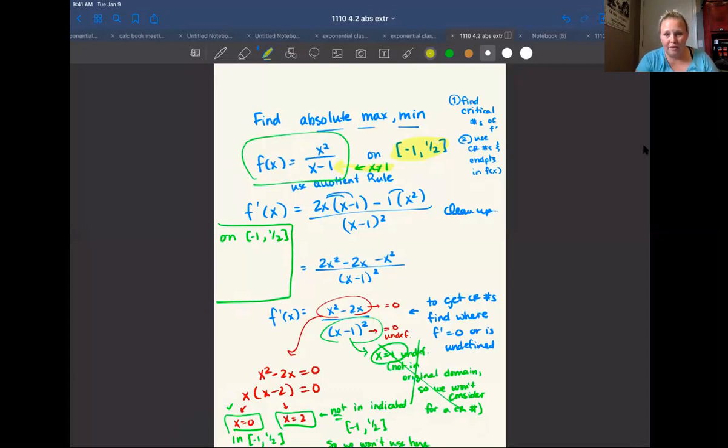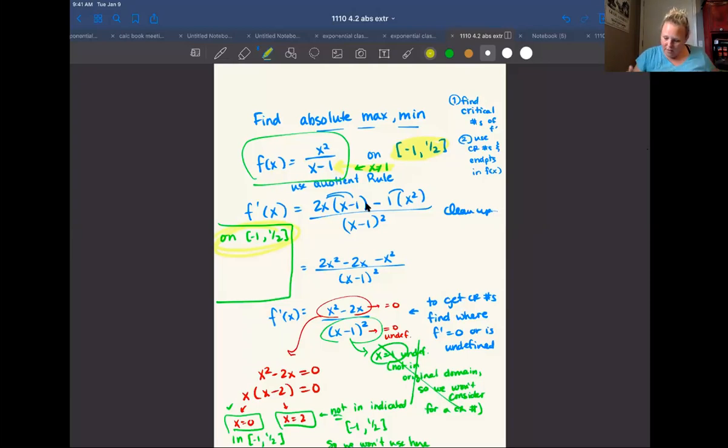Plus, in this particular case, 1 is also not within that interval, so we wouldn't use it anyway for this problem. It may be useful in the next section, I think sections 3 and 4. But as far as finding absolute min and max, it's not in the interval we're looking at, and it's also not in the domain of the function.